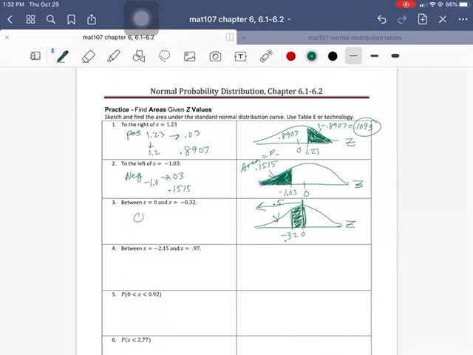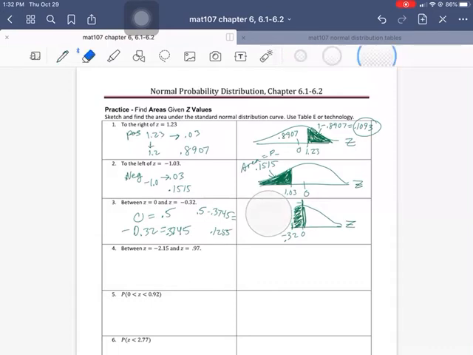So 0 is 0.5. Negative 0.32 is 0.3745. Yep. Okay, so if this right here is your 0.3745, we're going to subtract from 0.5. 0.5 minus 0.3745 is going to give you 0.1255. So, sorry for the mess here.